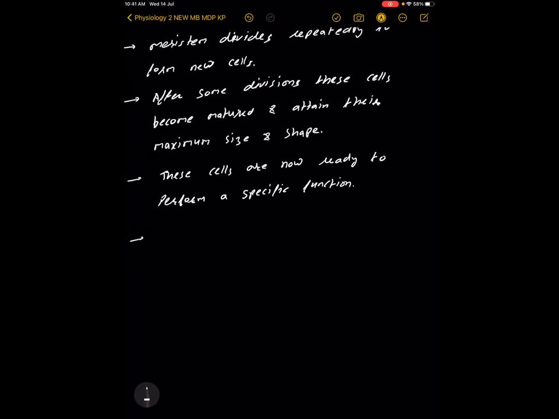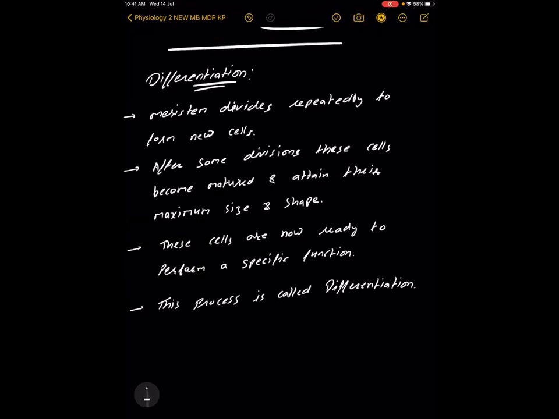So overall, this process is called differentiation. Okay, that is differentiation. So differentiation means cells divide, and after some time they get matured for a particular function. That's it.